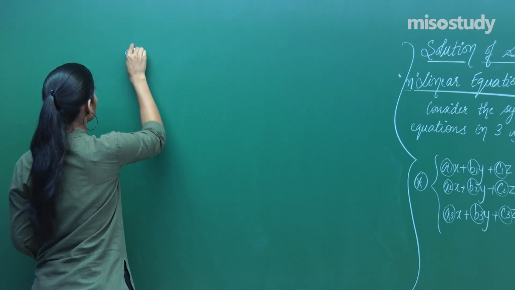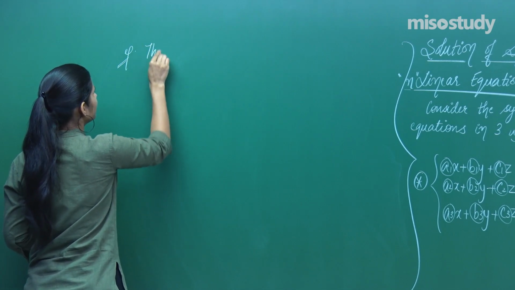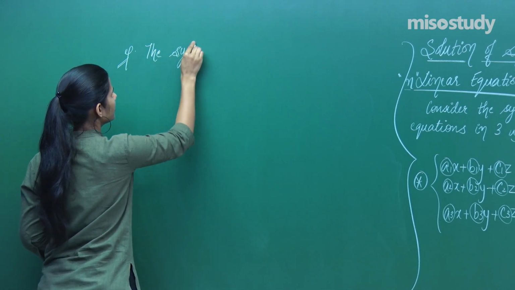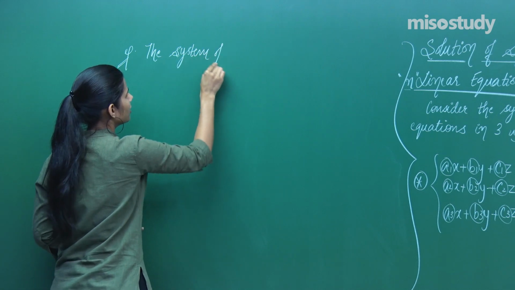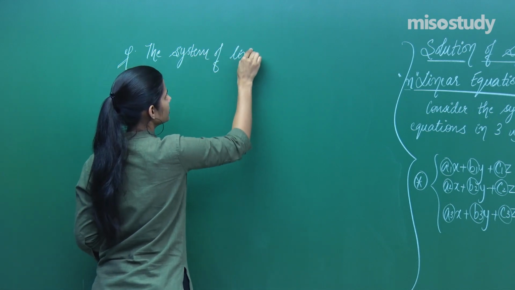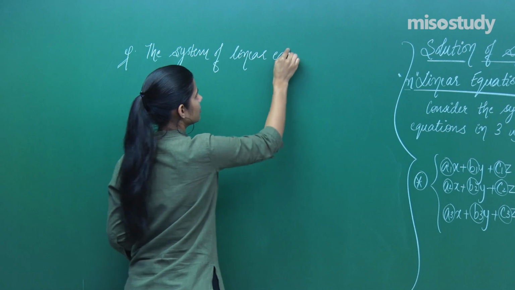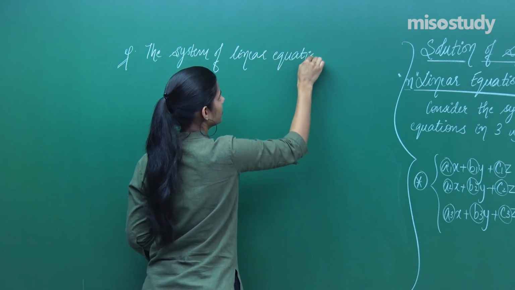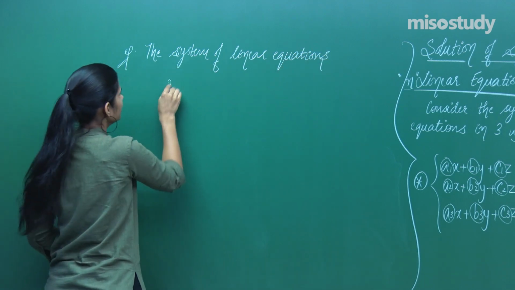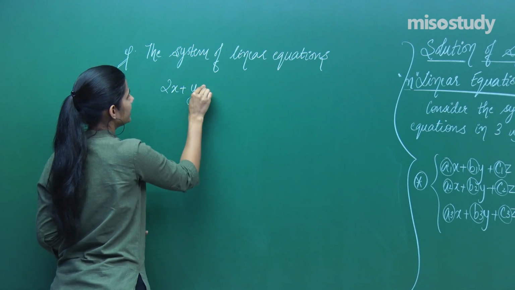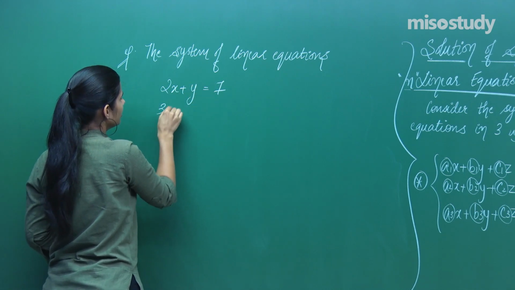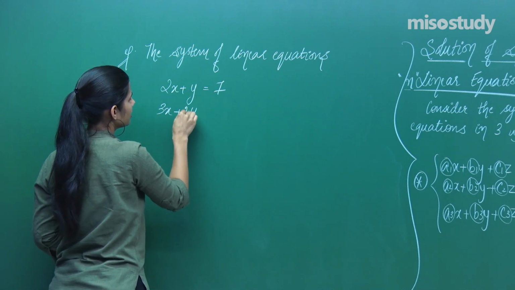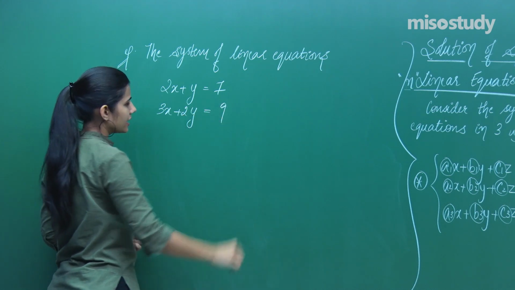The system of linear equations: 2x plus y equals 7, 3x plus 2y equals 9.